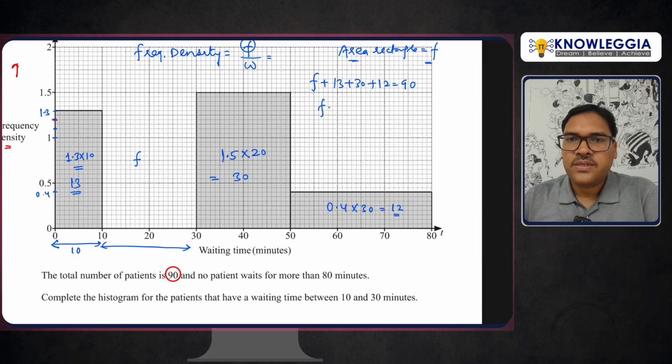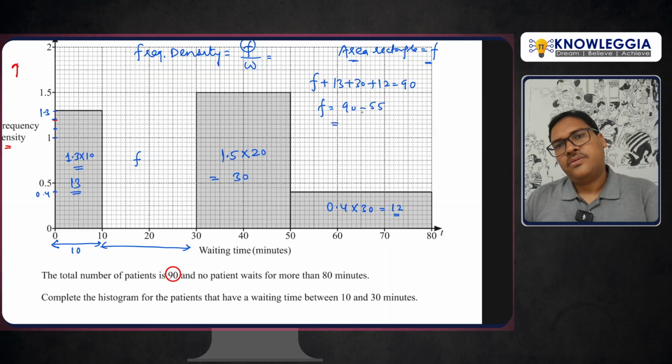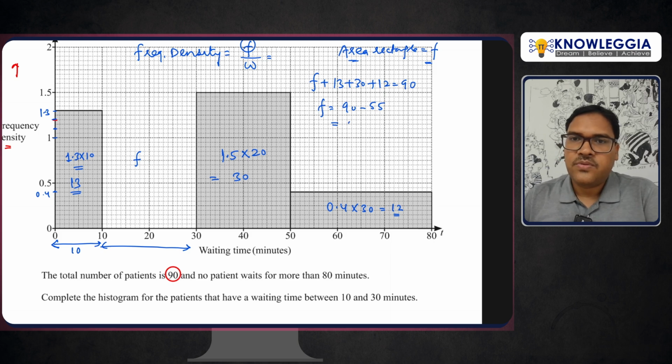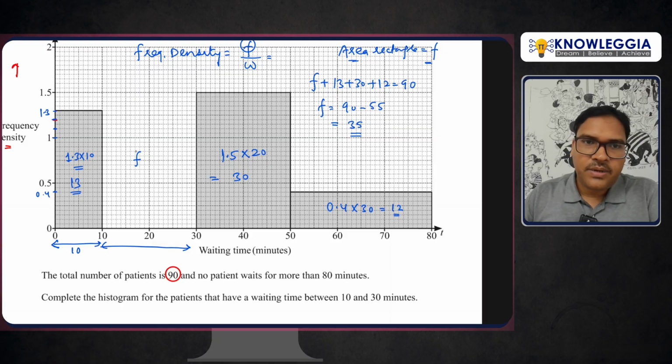So what is the frequency here? You can say this is equal to 90 minus 55. So the frequency in this part, between 0 and 30, is 35.